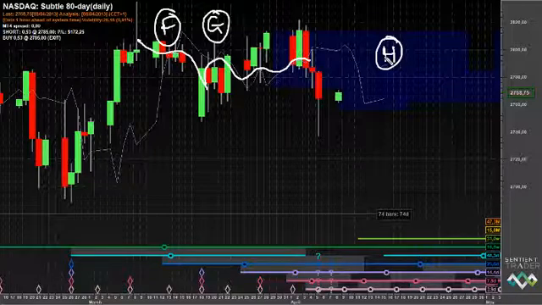Now, that is very possible, and you must remember that when you see price tracking along an FLD, it's a sure sign that you are very possibly witnessing either a B to C interaction or a G to H interaction.